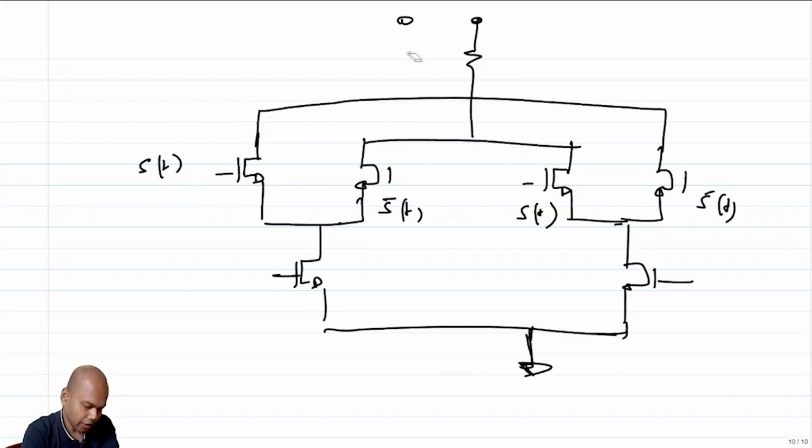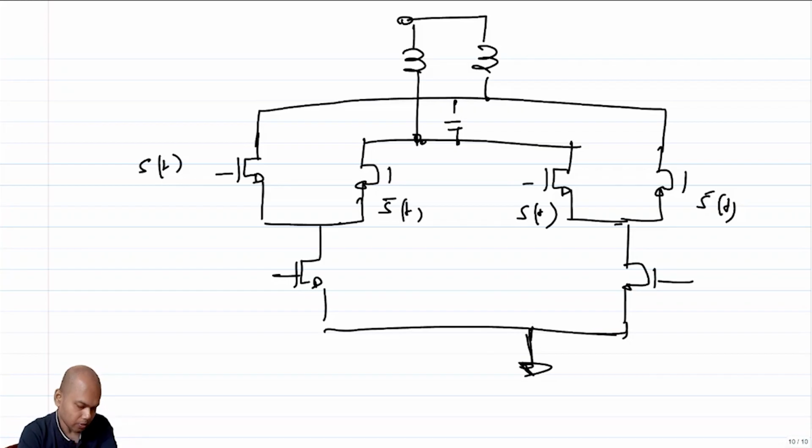I mean, this can as well be an LC tank, and you have a capacitance between them to give you the tank response, right? Okay, so this gives you the double balanced topology, which also gives you gain.